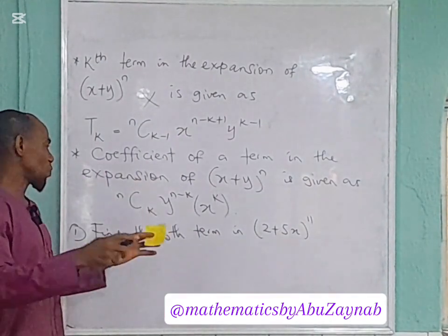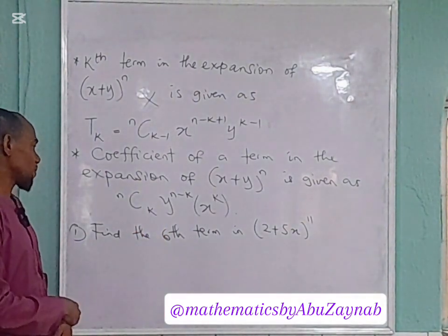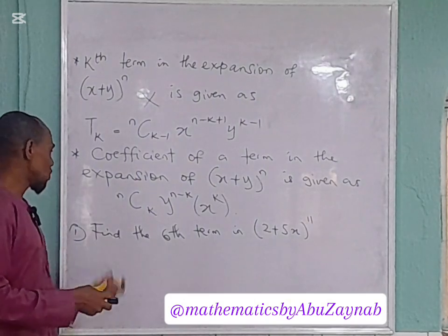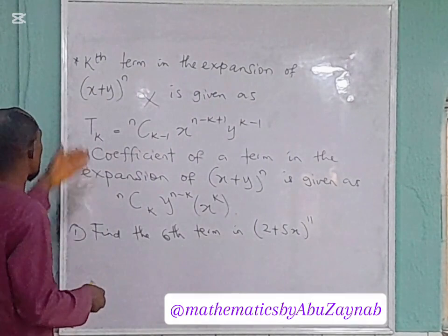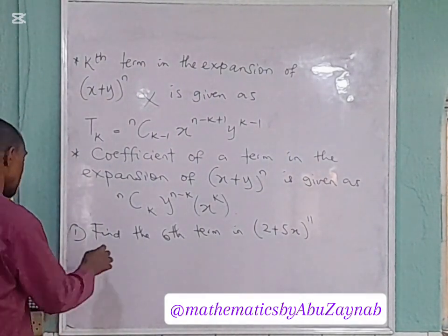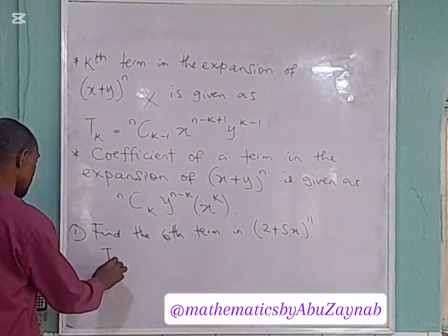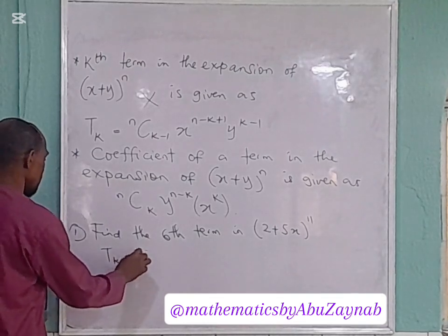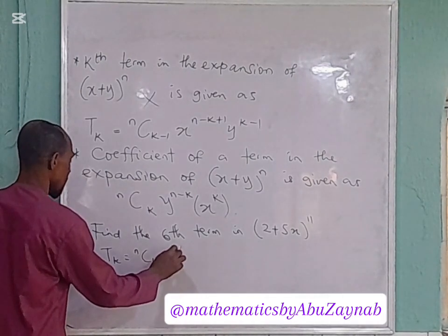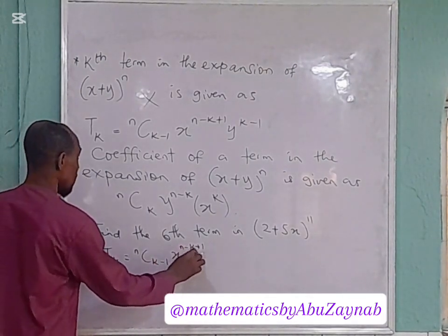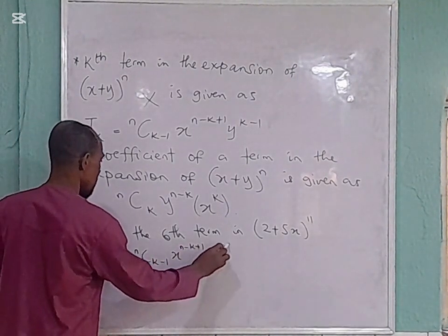We don't have to go all the way to actually expand, since we are interested in only getting the sixth term. So we're using this formula by saying that Tk is n combination k minus 1, and x to the power of n minus k plus 1, y to the power of k minus 1.